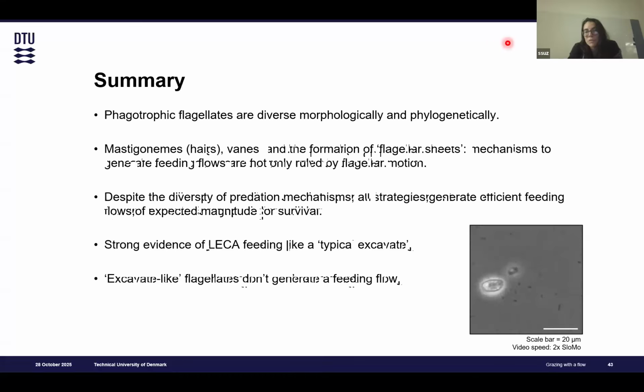Still ongoing research. There is some evidence in the literature from people who have described these species and done more ultrastructural work on them, but it's very different. So the fact that we don't know the function of this vein and ventral groove in these flagellates would probably also indicate that LICA was bacterivorous, so fed on bacteria.